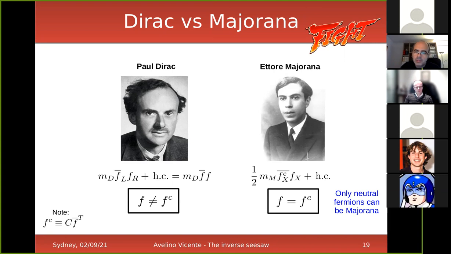And this is, for example, what you have for the electron in Dirac's theory. This is one possibility, and the other one that was discovered by Majorana in the 30s is to use a property of Lorentz symmetry that allows you to write down a mass term for fermions just involving a single chirality. This is called a Majorana mass term. You have it here on the right.